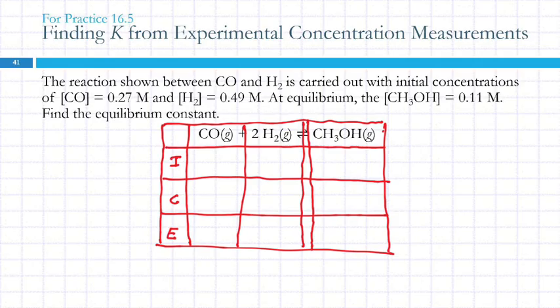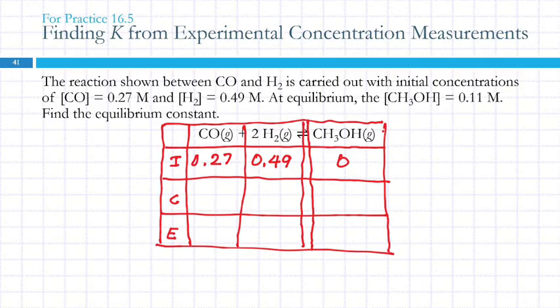We're going to use the information and put it in the table. So carbon monoxide, 0.27 molar. That's the initial concentration. Initial concentration of hydrogen, 0.49. So we put that in here, 0.49. Initial concentration of the product, 0.